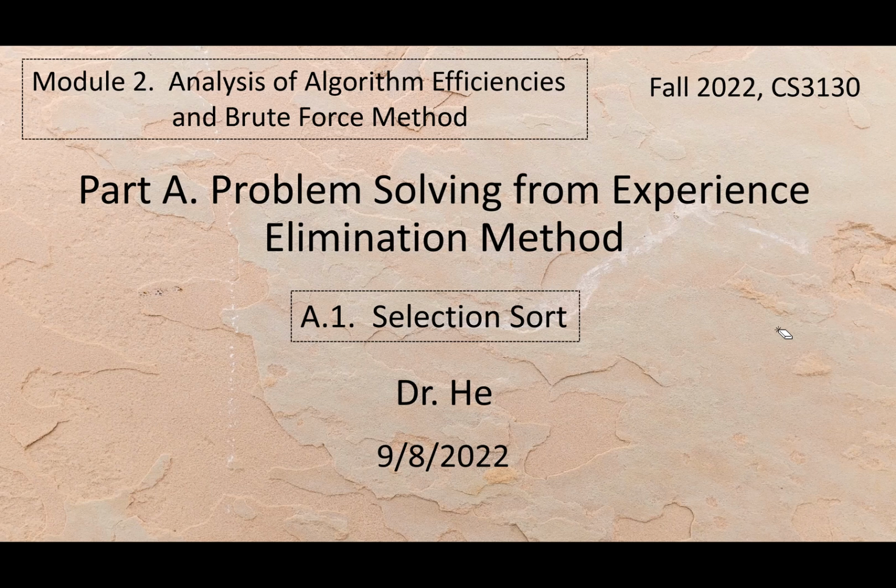But the biggest topic in this module is to study algorithm efficiency. It is very abstract. Asymptotic notations. Our part B. Not today. Today, I do not introduce asymptotic notations.